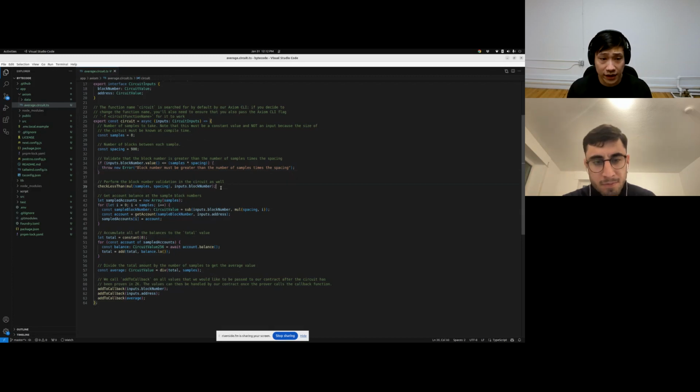So you can see we do some validation, and then we call some special functions like getAccount to get the actual balance of your account at those blocks. So what we're doing here is accumulating the average balance to this total value, and then we find the average by dividing the total by the number of samples. At the end, we specify using this addToCallback function the ultimately ZK-proven results that you want Axiom to send to your smart contract in a callback.